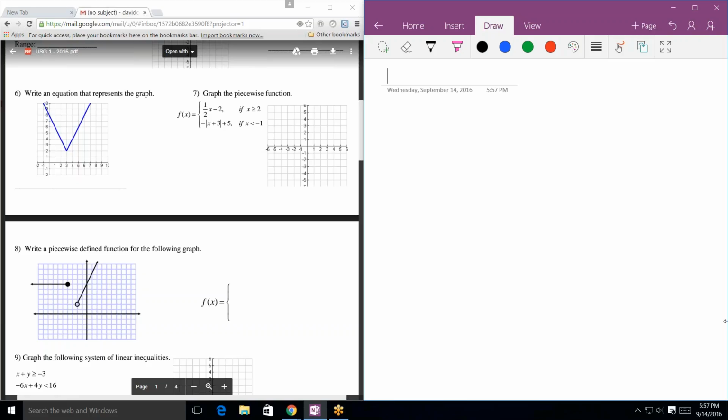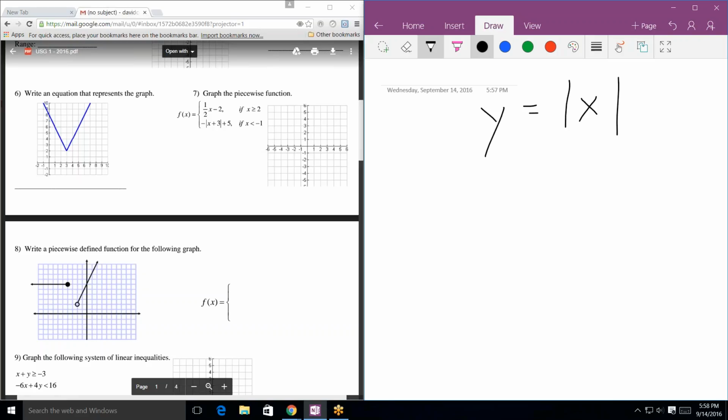What's the parent function on number 6? When it's f(x) or y equals, usually y equals. That's an absolute value. In other words, whenever you see a V, that usually means it's an absolute value kind of function.